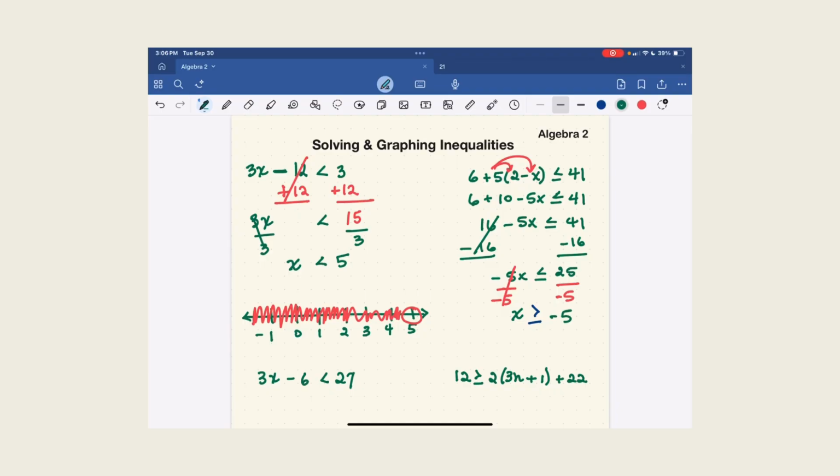Because we divided by negative 5, any negative number would change the direction of the inequality sign.